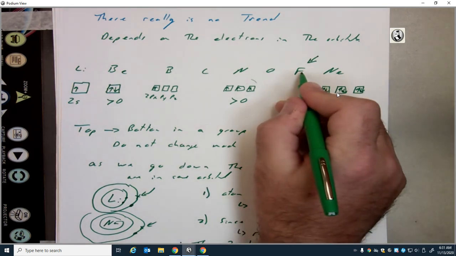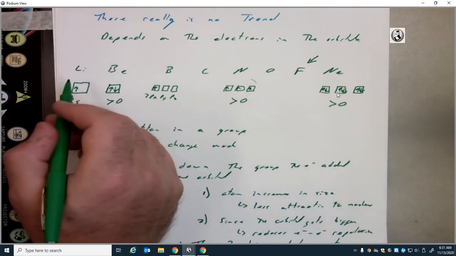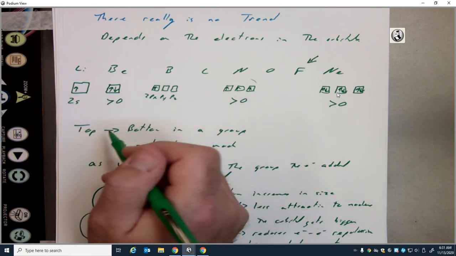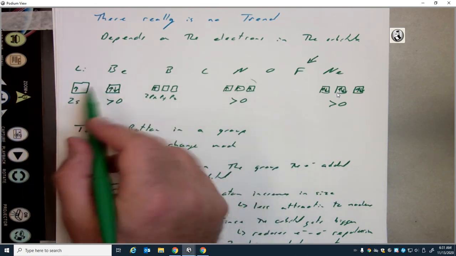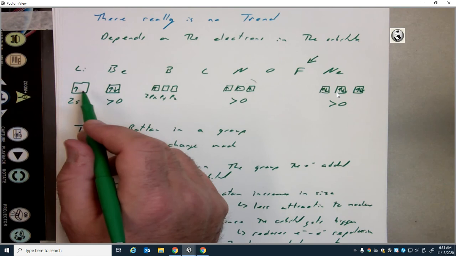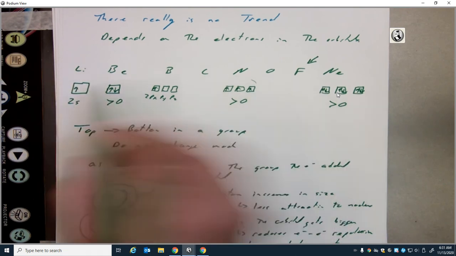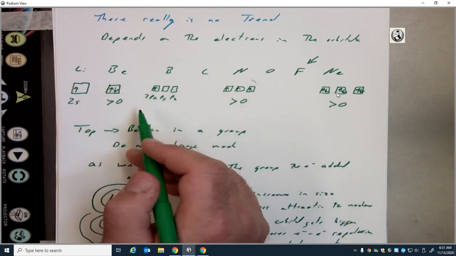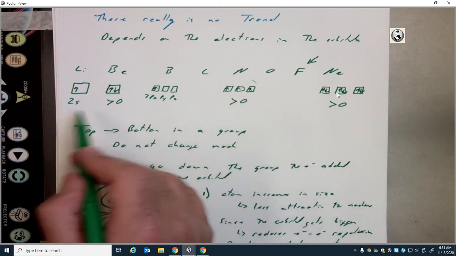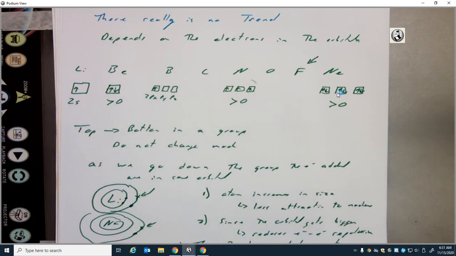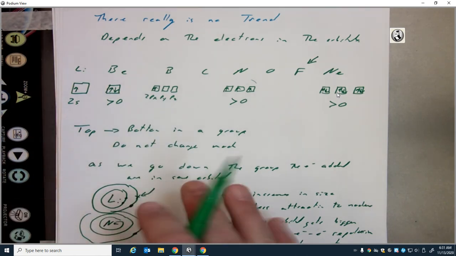But if we compare it to some of the metals, they don't really want electrons, so their affinities are going to be much less. So it's really telling us if they want to gain or lose electrons. And most of the time we're going to look these up. That's about it.